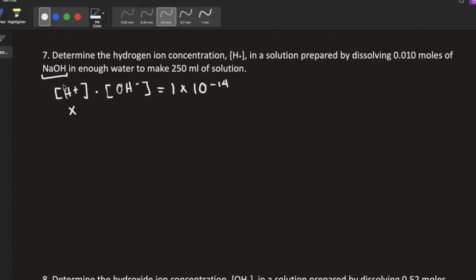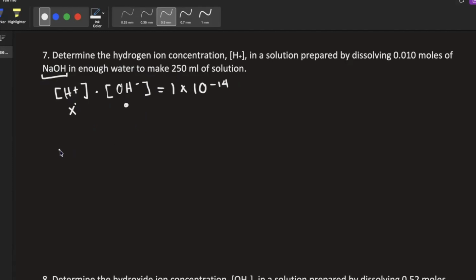So what we're going to do is find the molarity of this to determine this. Okay. So molarity is equal to moles divided by liters.